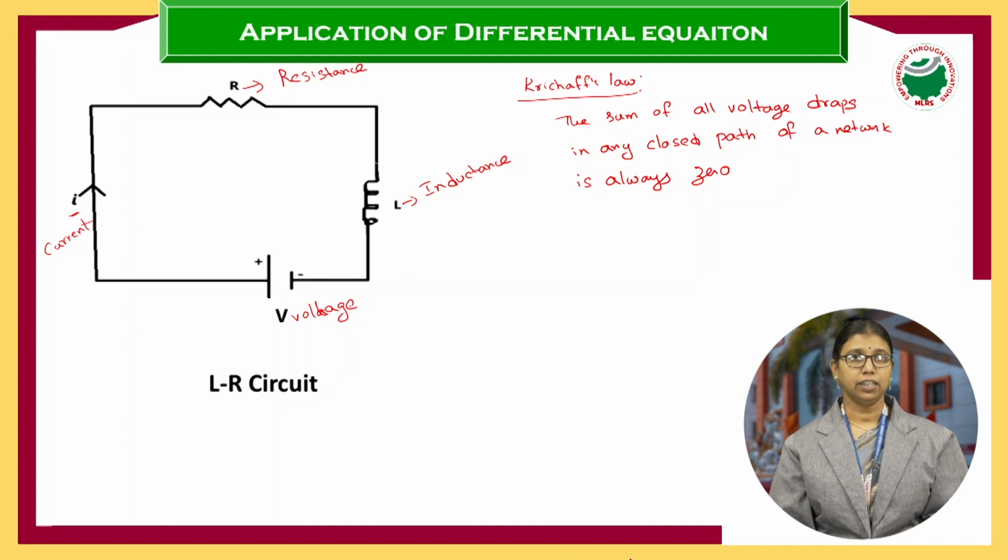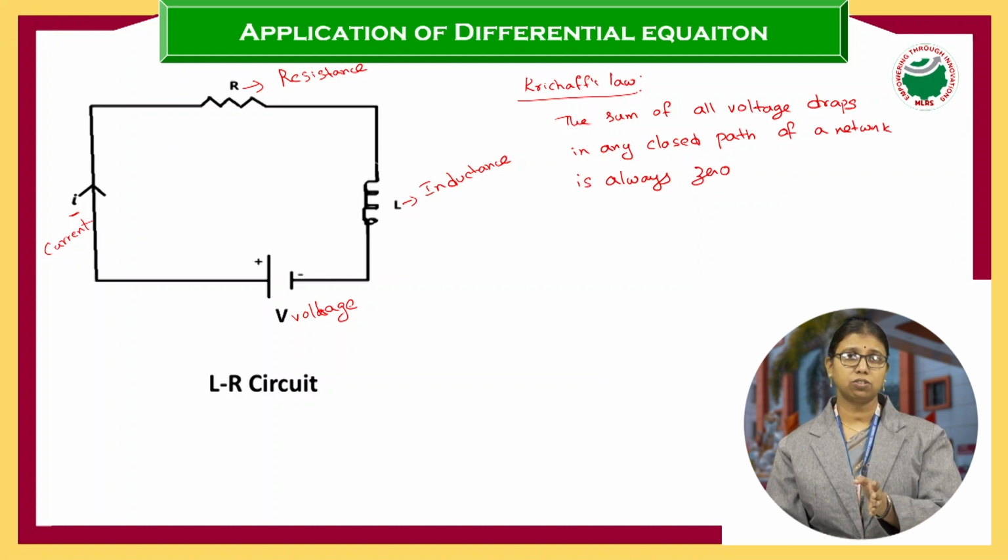So if you have any closed path of a network, the sum of voltage drops in that network is always equal to 0.